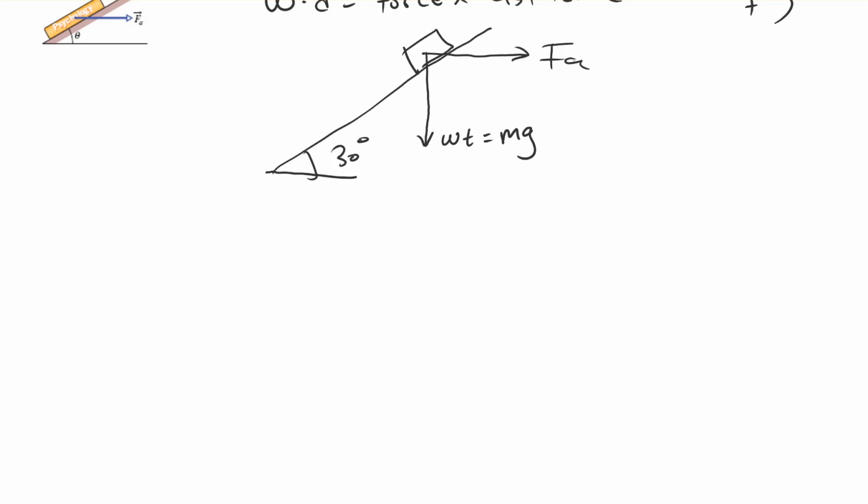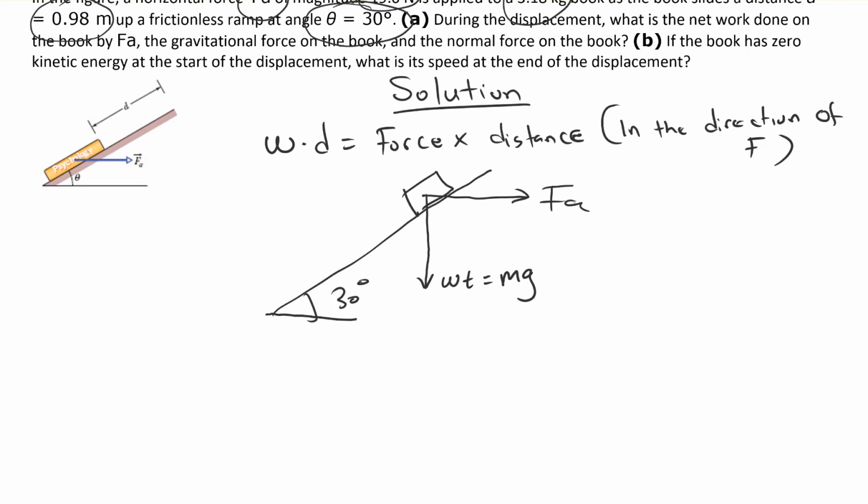Let's start with one. If you look at Fa, it is acting in the horizontal direction. That means the angle between the plane and that force is also 30 degrees, right?